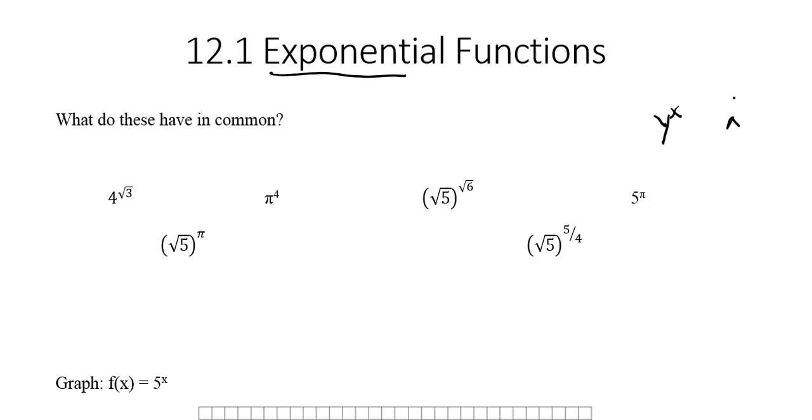Either one of those will be able to do this for you. So we're going to go ahead and plug in a couple of these just to make sure you can put them into your calculator. Let's start with this first one. We're going to do the base of 4 to the power of square root of 3. In either one of these buttons you start with the base. So I'm going to start with the 4. Then I either hit the y to the x button or I hit the caret button.